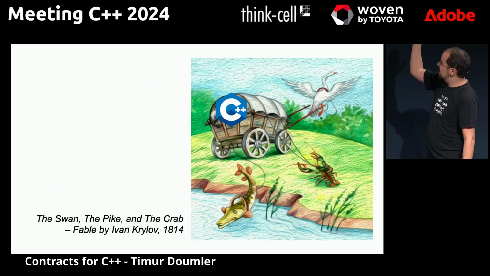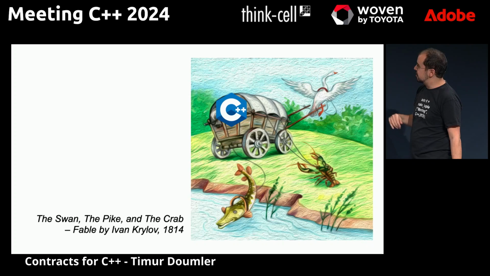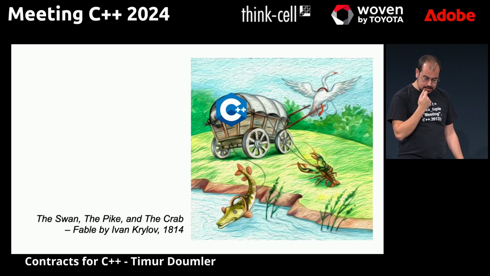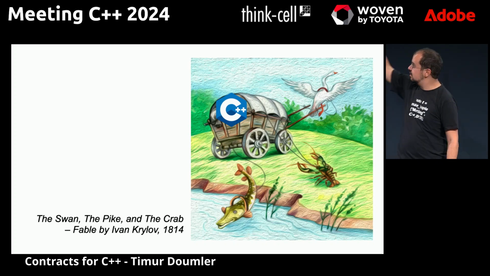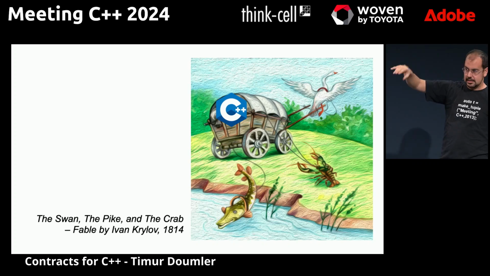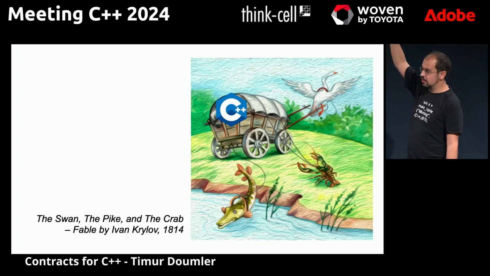And then we tried to do that and discovered another problem, which I'm going to illustrate with this picture from Russian folklore, the swan, the pike, and the crab. It's a very famous fable from the beginning of the 19th century. The idea here is that there was a cart with some food that these animals really want to have. They want to get the cart home, but unfortunately they're all pulling in different directions.